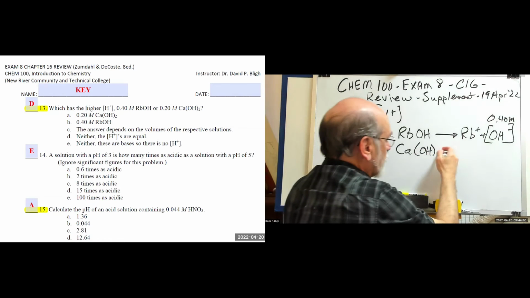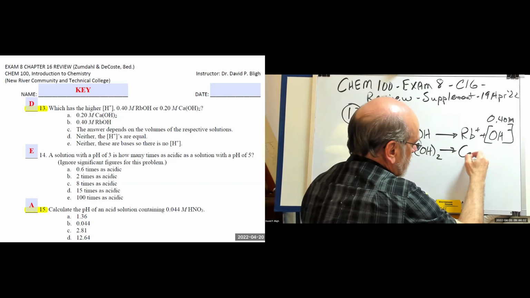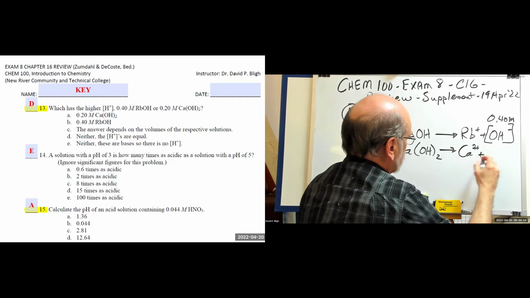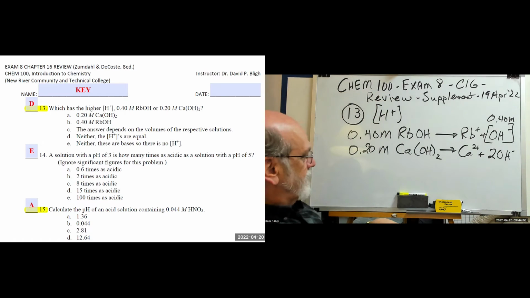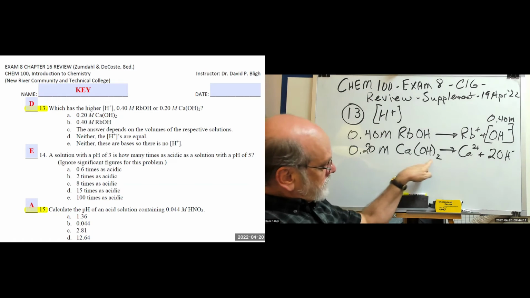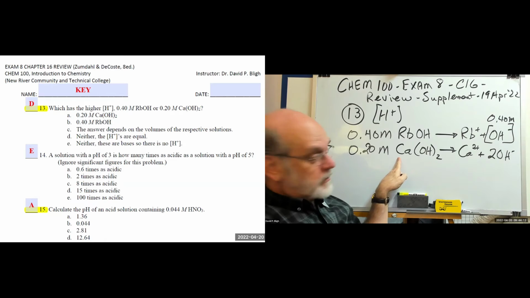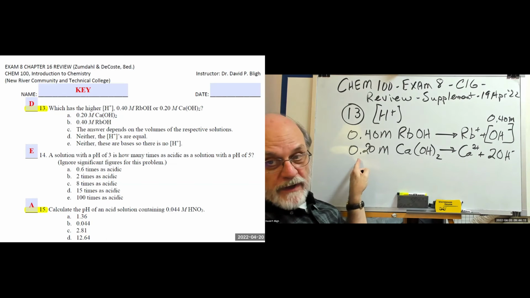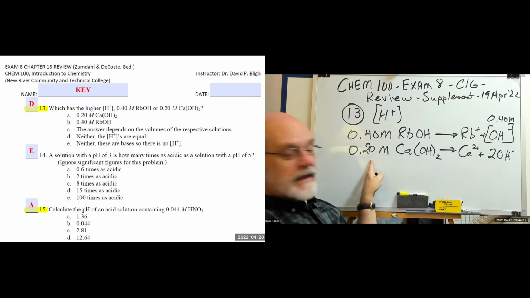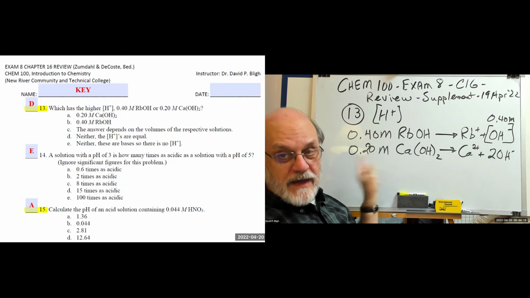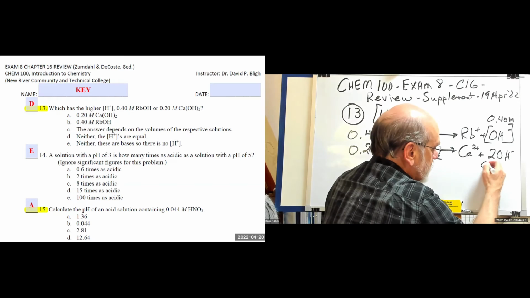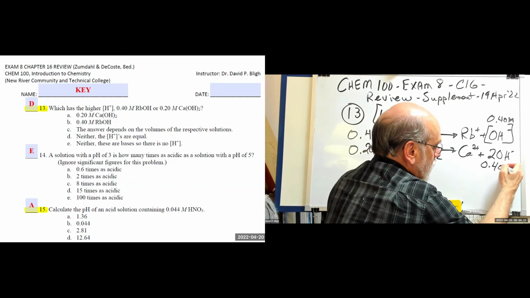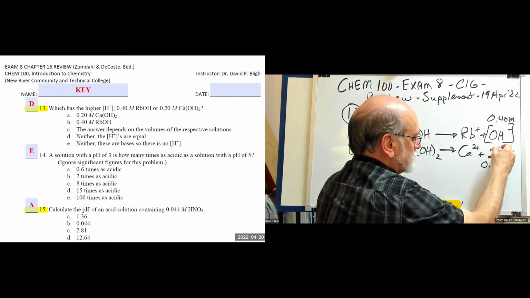Okay, this one makes calcium and 2 hydroxides. Right? So if this molecule starts off at 0.2 molar, then the hydroxides are going to be twice that concentration, which means this one is also going to be 0.4 molar.